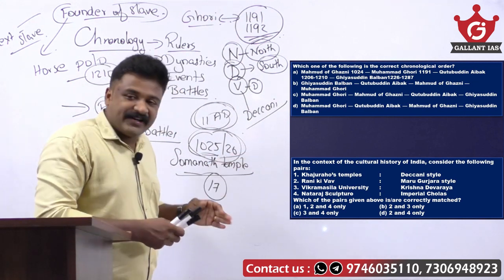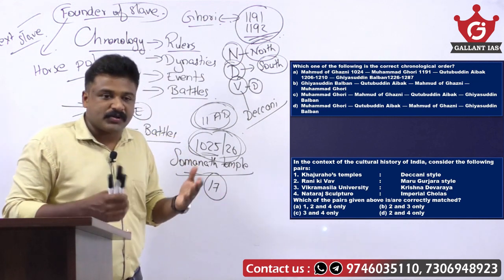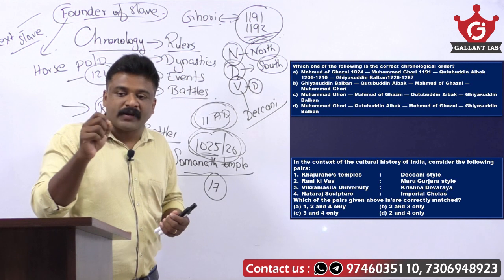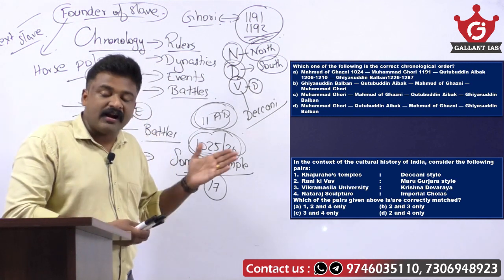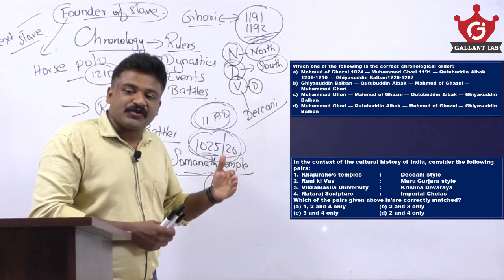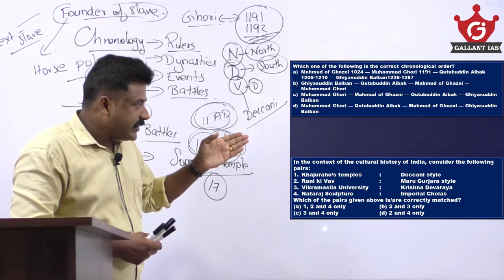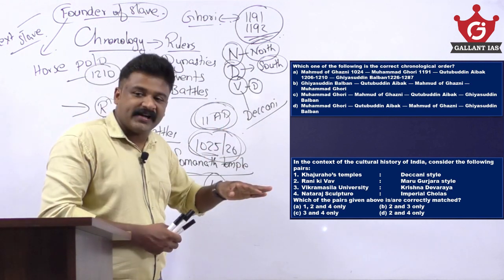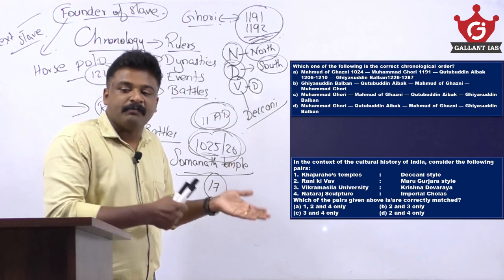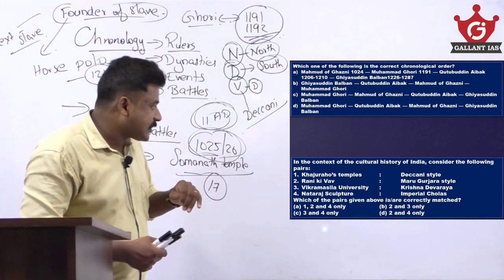Rani Ki Vav, of course, you know, is a popular stepwell of Gujarat. It was featured in the latest Indian 100 rupee currency note. Also, it is a UNESCO World Heritage Site in India. Rani Ki Vav is an example of Maru-Gujara style, built by the Solanki queen Udayamati in memory of her husband Bhimdev. So the Rani Ki Vav pair is correct.